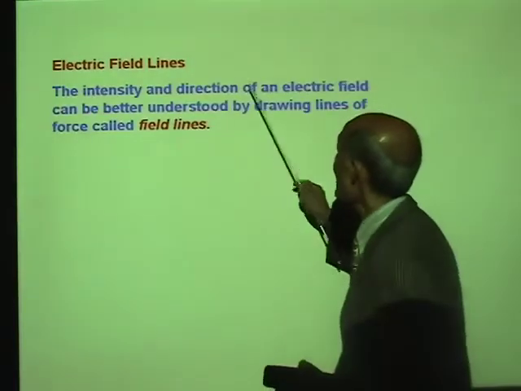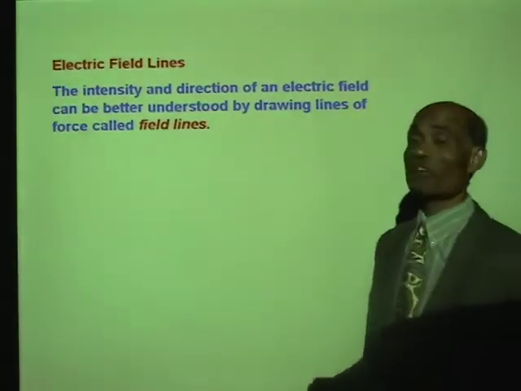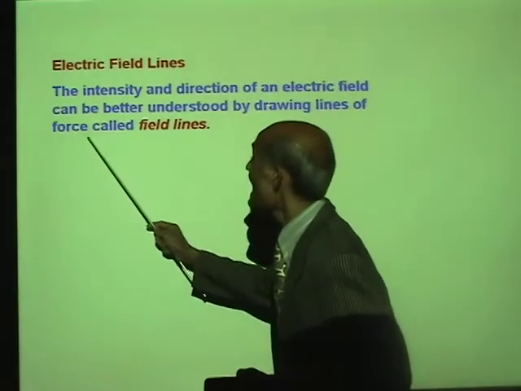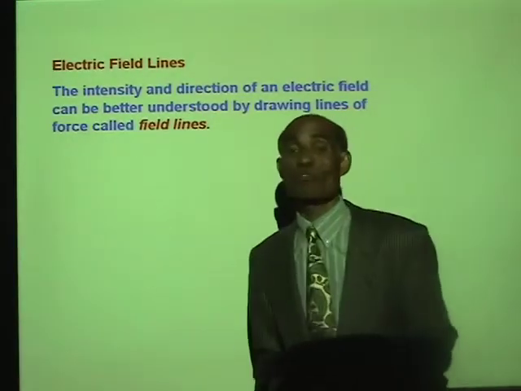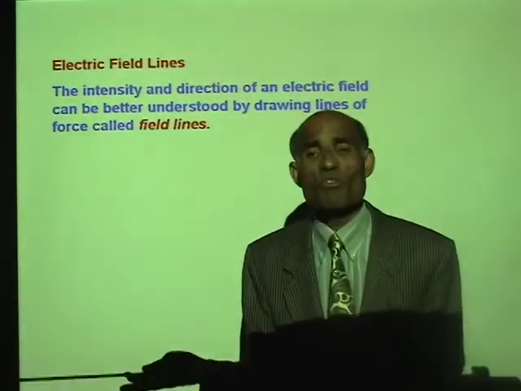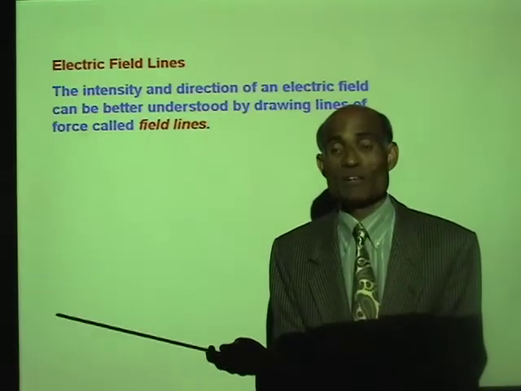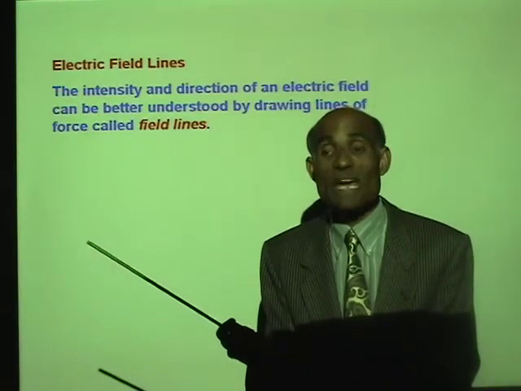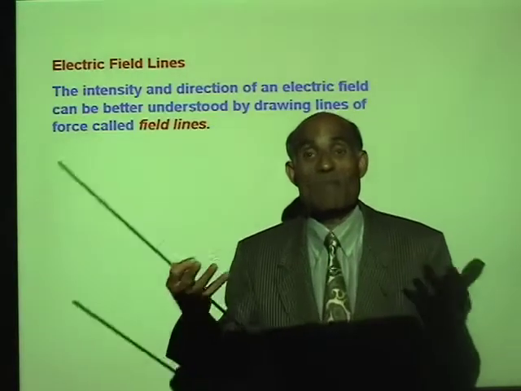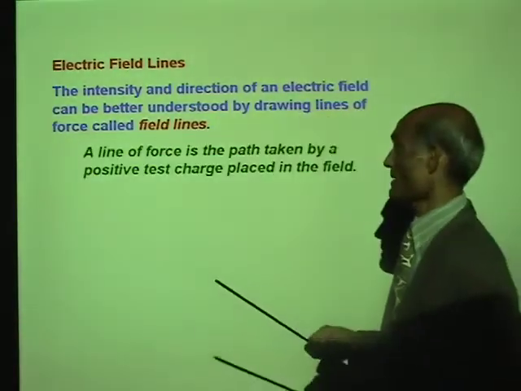The intensity and direction of an electric field can be better understood by drawing lines of force called field lines. Actually, once a number of field lines are drawn, it will give you a clear indication of the intensity of the electric field and the direction of the electric field.